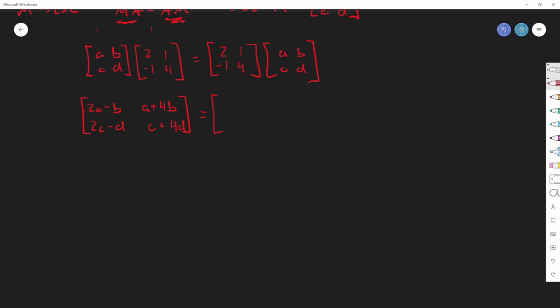And then on the right side, it will be 2a plus c, and then 2b plus d, then negative a plus 4c, and negative b plus 4d.